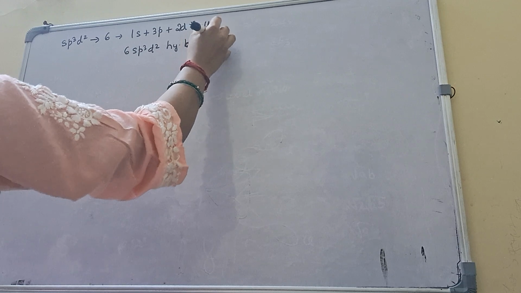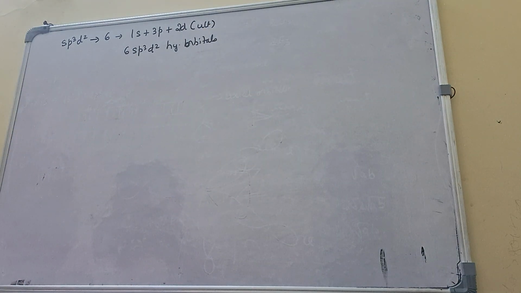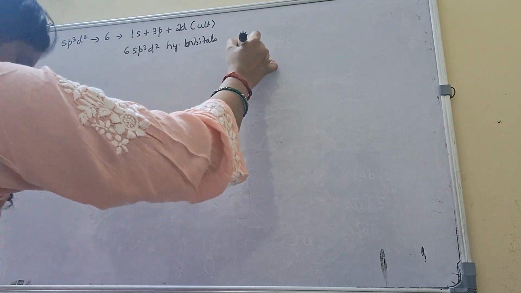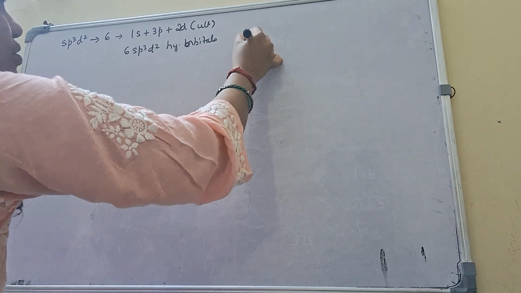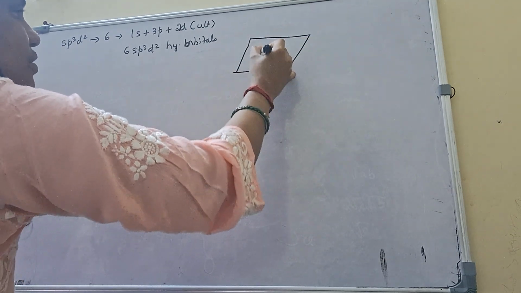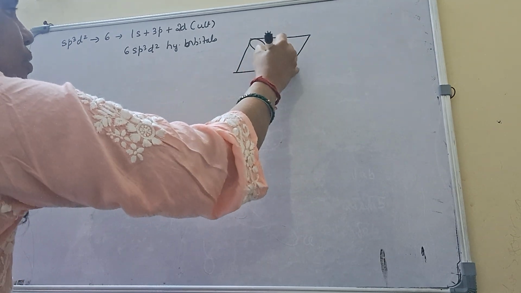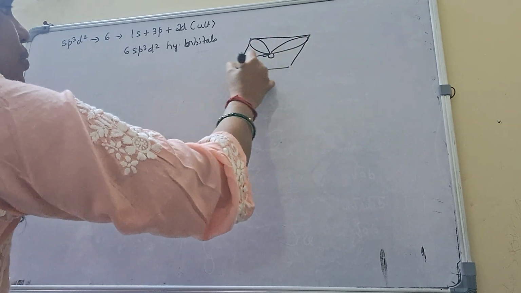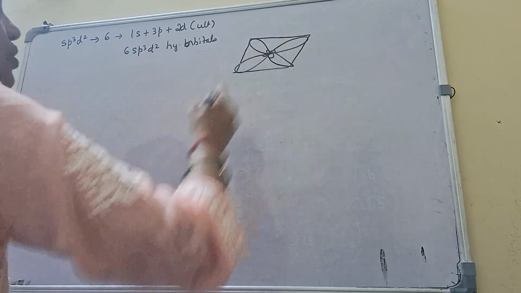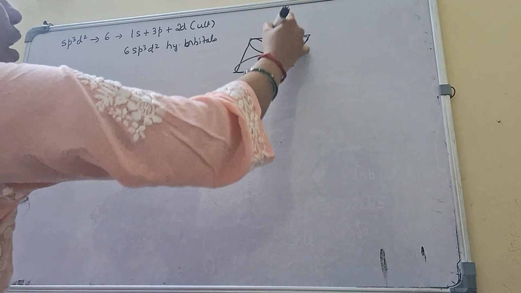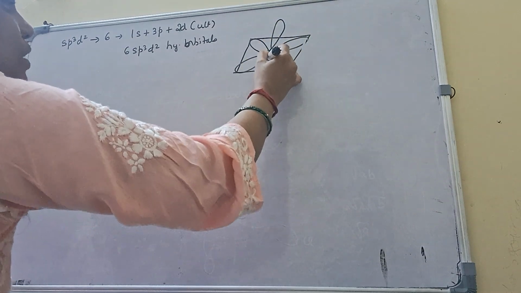And when there are 6 orbitals, what is the best geometry that you can have? Okay, so this will be a square planar at the center. This is the central atom. 1, 2, 3, 4. Okay, 4 here and 2 which are perpendicular.